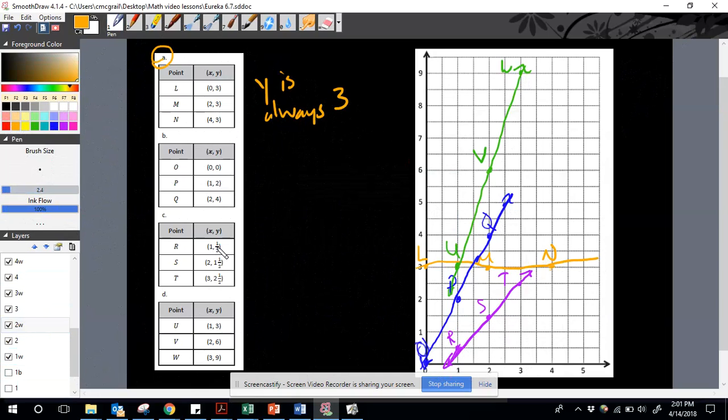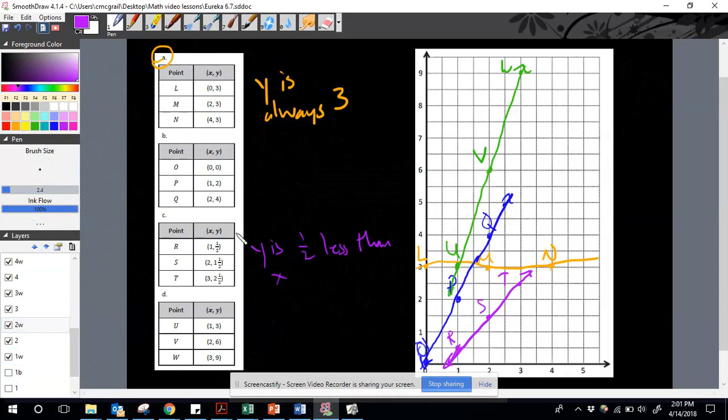Well, 1/2 is less than 1, 1.5 is less than 2. How much less are they? And they're actually 1/2 less. So y is, and I'm going to change to this RST, so I'll go to purple. Y is 1/2 less than x, and y is always 1/2 less than x in this line.